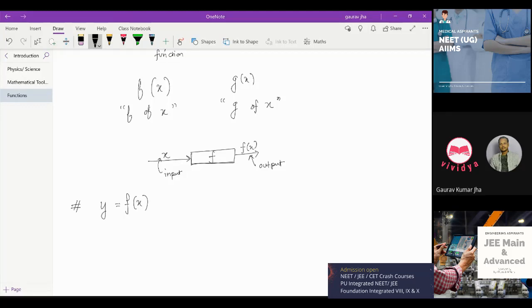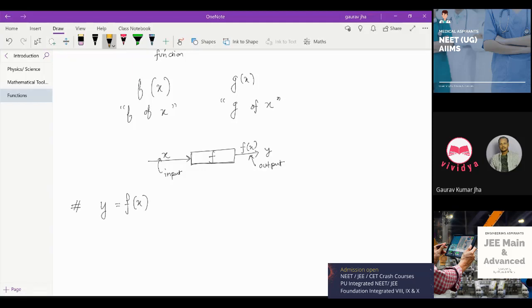Think about it: all the values of x are possible. x is the input, and what you get will obviously be y. In this machine, when you put the value of x in the function, you will get y. It's quite simple, so don't worry about it.